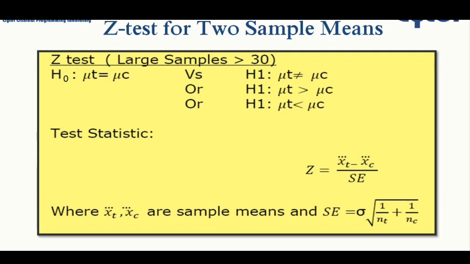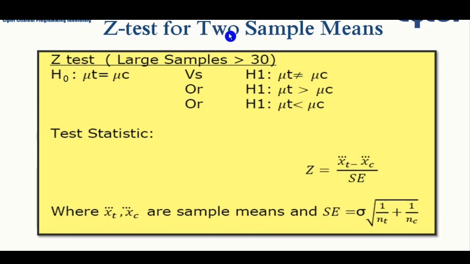So, this Z test for two sample means is meant for large samples. How large? Even if the sample size is greater than 30, you can use this Z test.